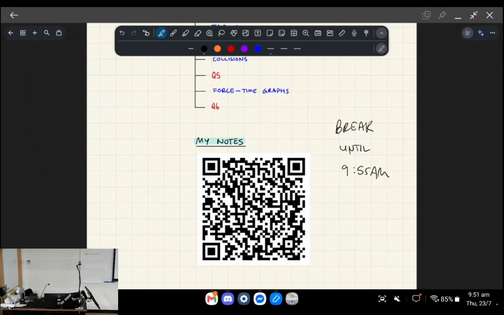My notes are digital, so I can basically upload one of the pages of my work. When they say by hand, it just means step by step working out.